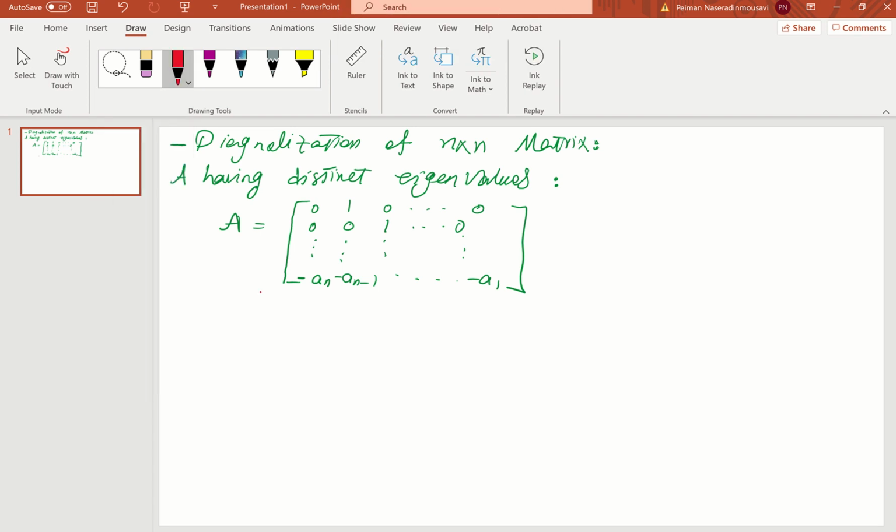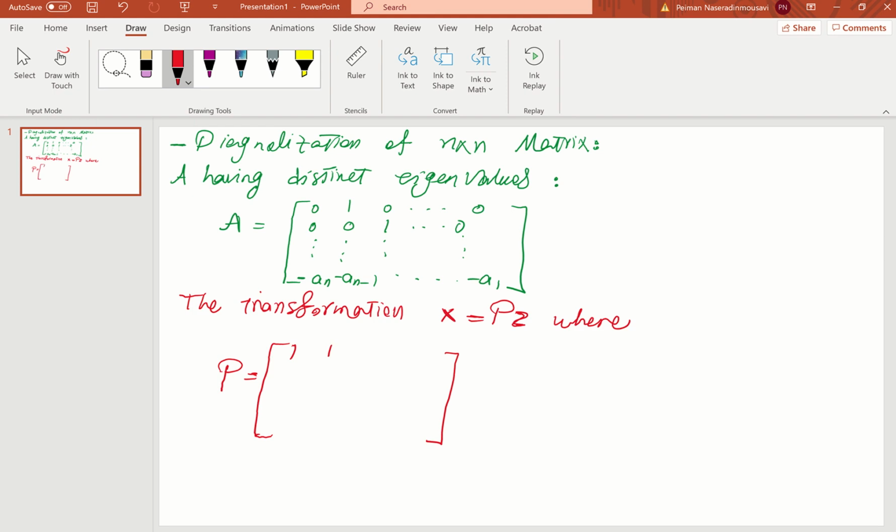The transformation x is equal to Pz, okay, where P is an interesting matrix.